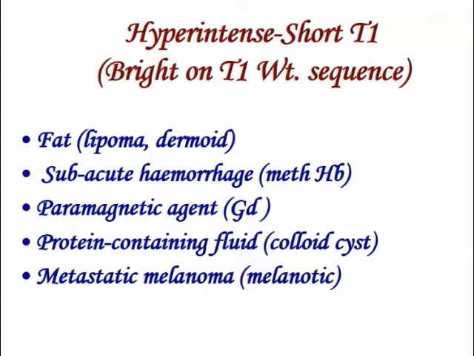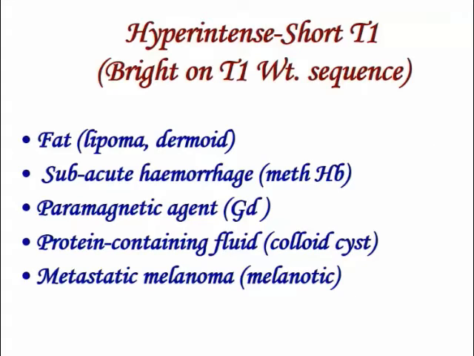And if there is a reduction in the T1 value, then you start seeing it as a white structure. Now, fat has a short T1, subacute hemorrhage has a short T1, paramagnetic agent has a short T1, and sometimes if you see a cyst containing proteinaceous substance, it can also appear white. So these are 4 or 5 things which can appear white or hyperintense on T1 weighted sequence. Please don't mistake fat for an abnormality.